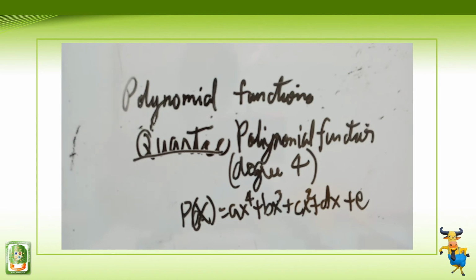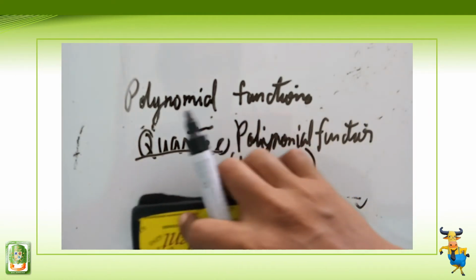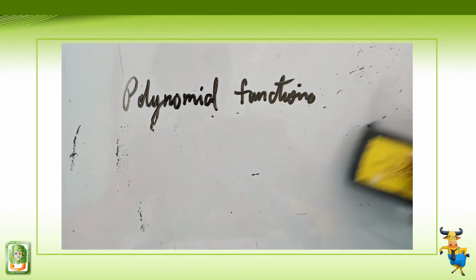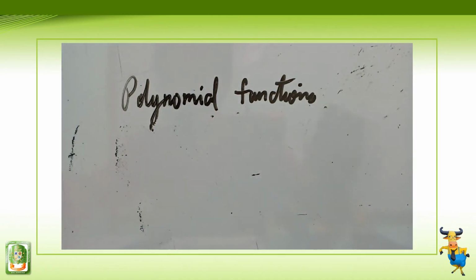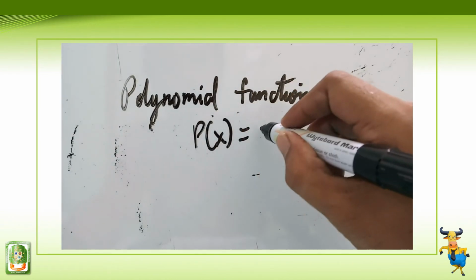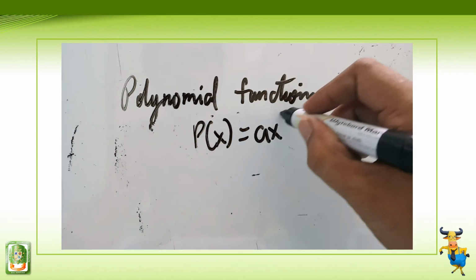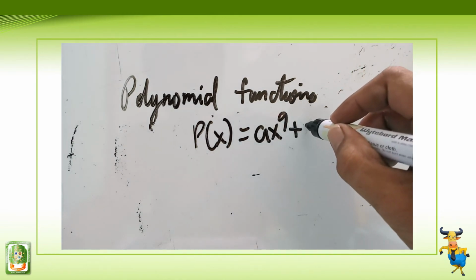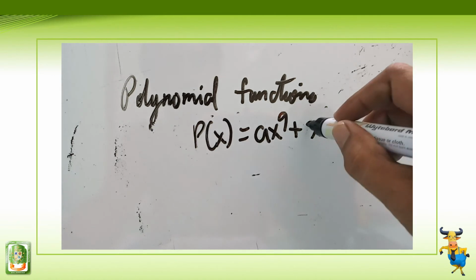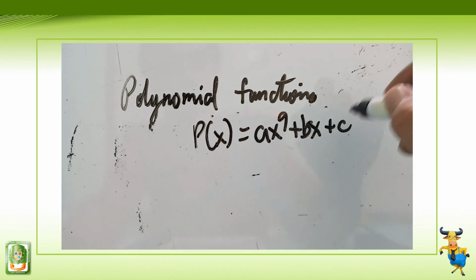Next. Kapag medyo humigit na doon sa ating polynomials, di ba may napapansin kayong mga given na halimbawa, example na lamang ay p of x is equal to ax raised to 9 plus bx plus c.